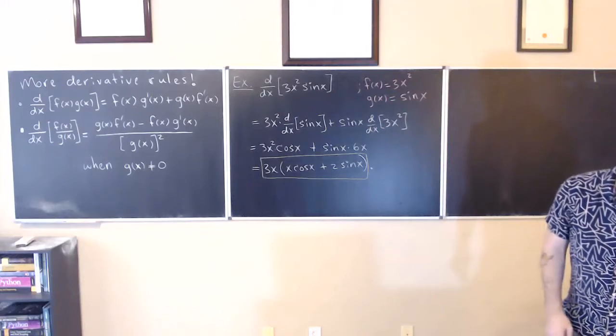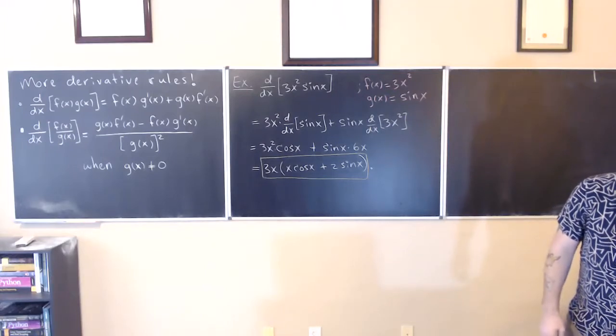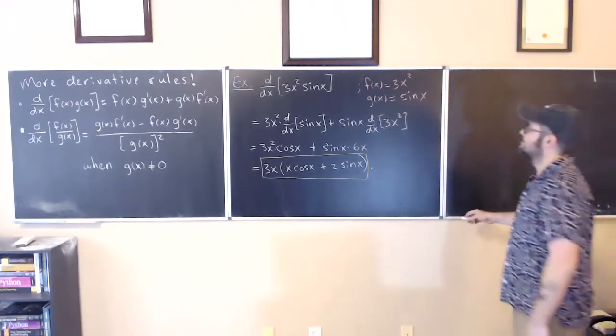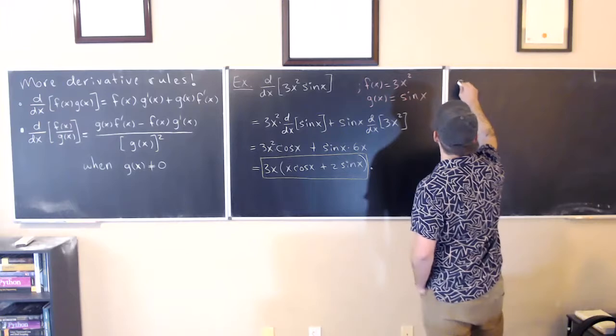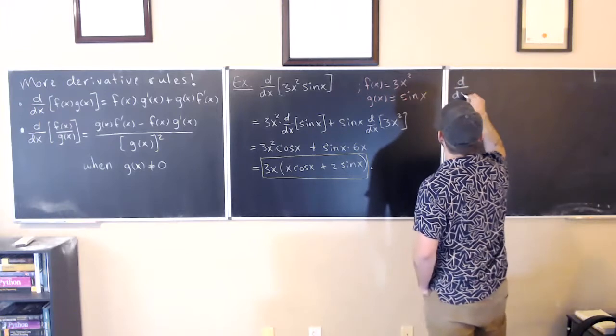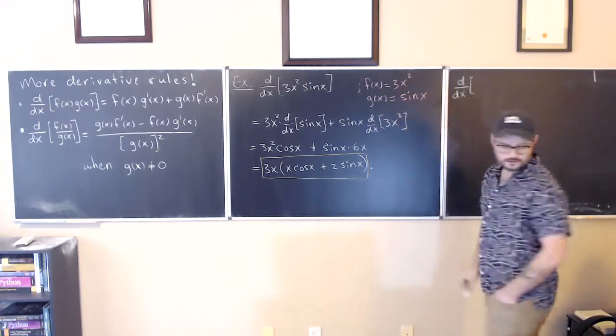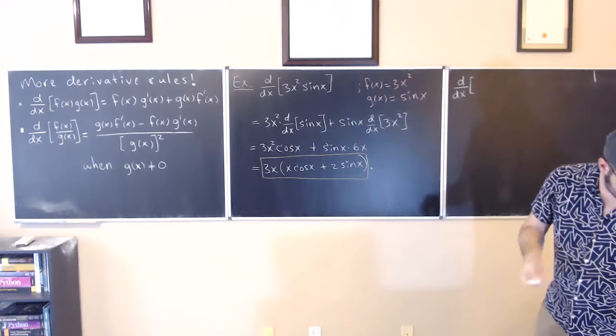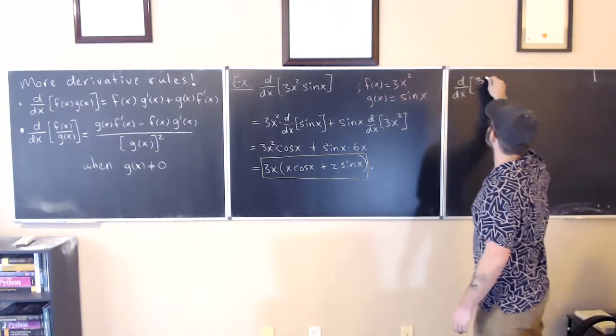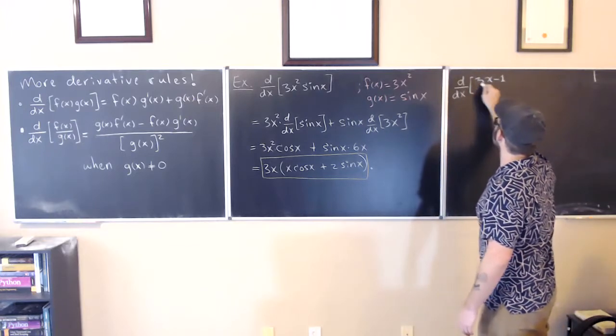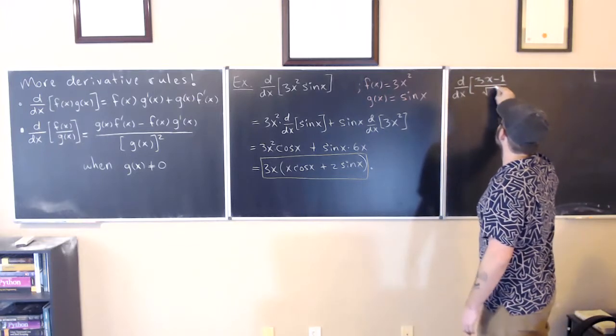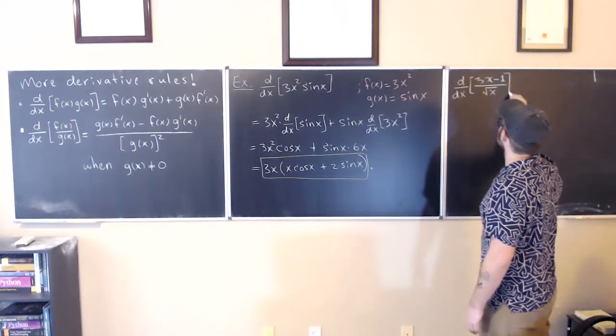So I'm just going to pick a random problem from the book. Okay, so I want to know the derivative with respect to x of 3x minus 1 all over square root of x.